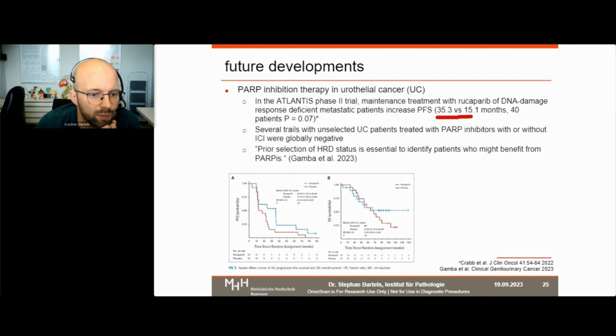We have earlier studies which compared unselected urothelial cancer patients for PARP inhibitor therapy, and the results were globally negative. So these authors conclude that prior selection of the HRD status is essential for these patients to benefit from the PARP inhibitor therapy, and hopefully we can test them in the future.